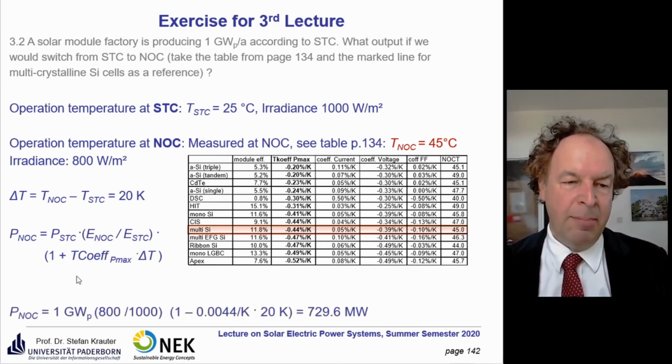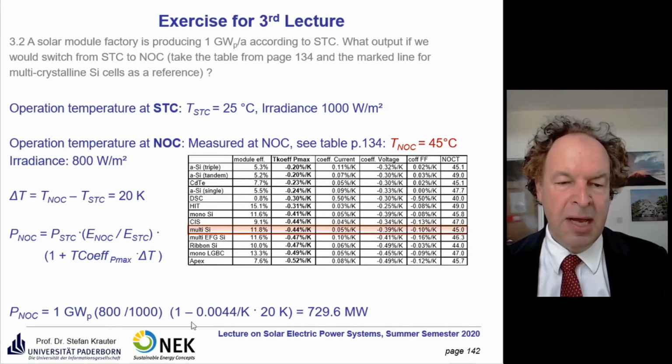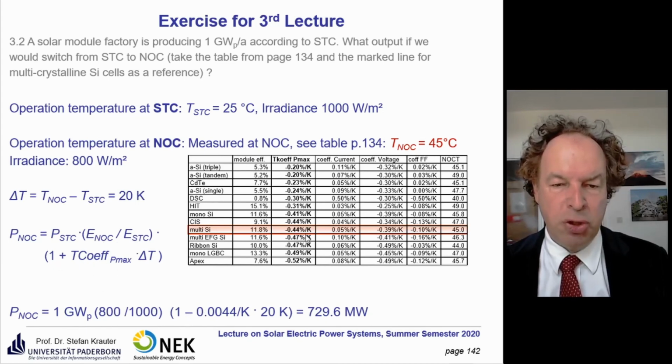If we put in the numbers, the initial value was 1 gigawatt peak, and these two irradiance values were 800 versus 1000 watt per square meter. Here we have one plus the temperature coefficient, which is negative, so minus 0.004 if we substitute the percent per Kelvin, and then the temperature difference of 20 Kelvin.